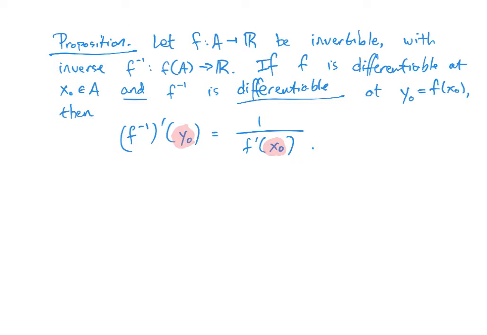Now, in the last lecture, we made a big deal about cluster points. I just want to note that in order for f to be differentiable at x naught, that means that x naught has to be a cluster point of A. And in order for f inverse to be differentiable at y naught, that means y naught has to be a cluster point of f of A. Okay, so I'm not going to say that they're cluster points.